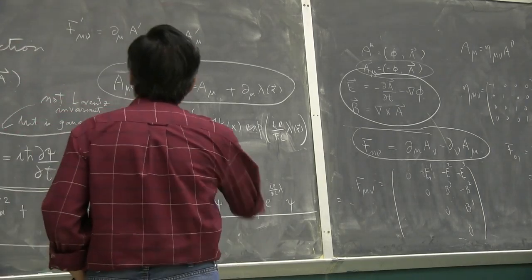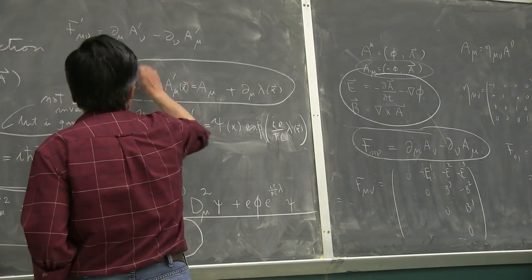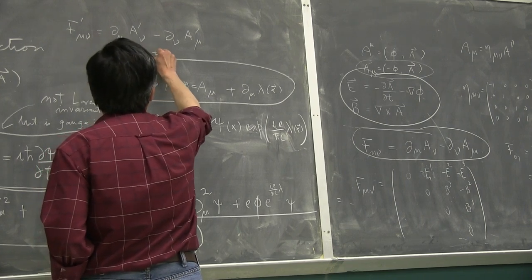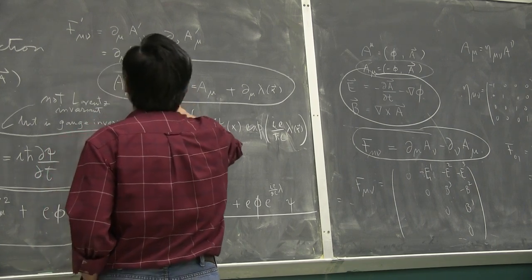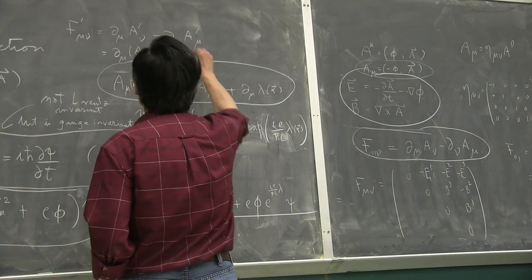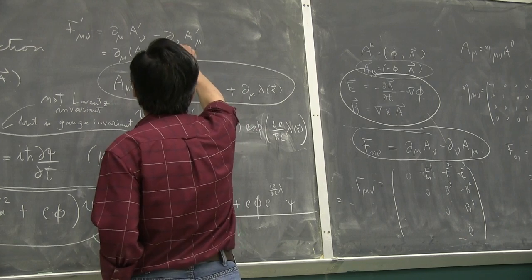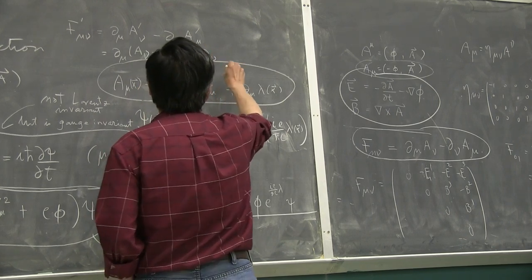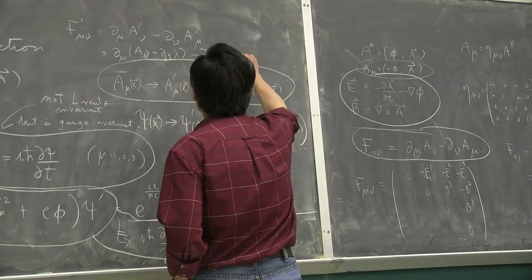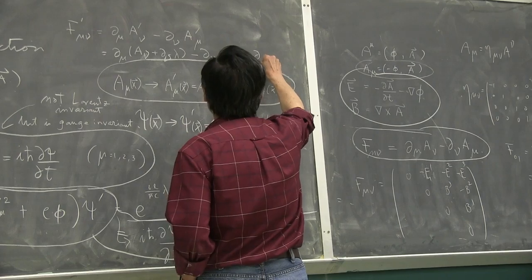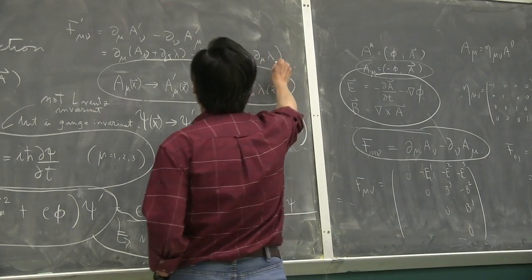But if you replace A prime by this formula, A prime nu is A nu plus d nu lambda, so we get d mu of (A nu plus d nu lambda) minus d nu of (A mu plus d mu lambda).